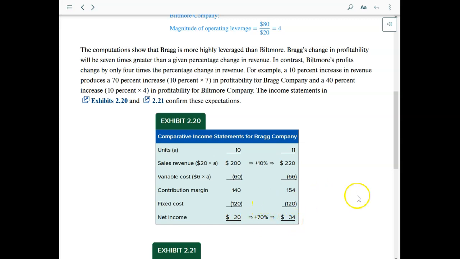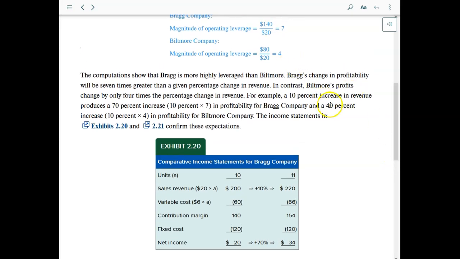So you can see easily, once you know, I'm going to scroll up a little bit right here. Once you know the magnitude of operating leverage for a company, for Bragg in this case, 7, you will know that if you can increase revenue 10% and your cost structure stays the same, variable, fixed, your net income will go up 70%.